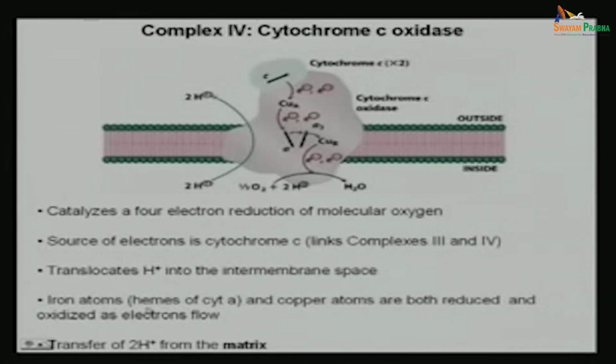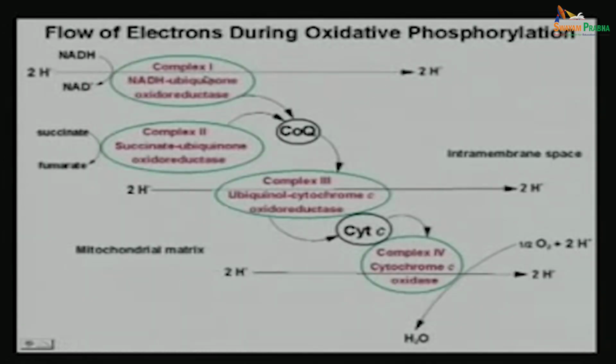Iron atoms, that is the hemes of cytochrome A, and copper atoms are both reduced and oxidized as electrons flow, and transfer of 2 hydrogen ions from the matrix side to the intermembrane space is also taking place simultaneously.